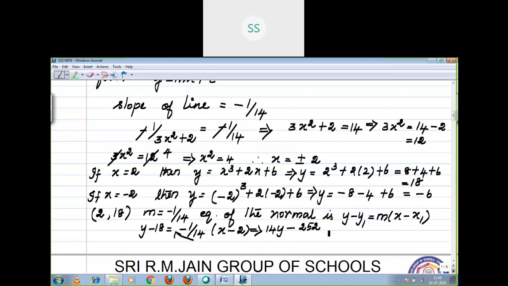The calculation you should do on the right side, which is equal to minus x minus into minus plus 2.